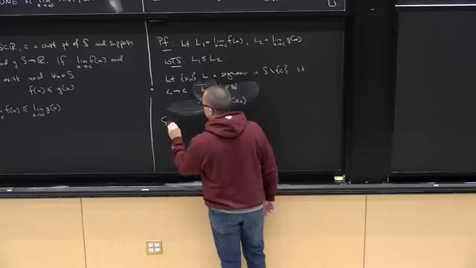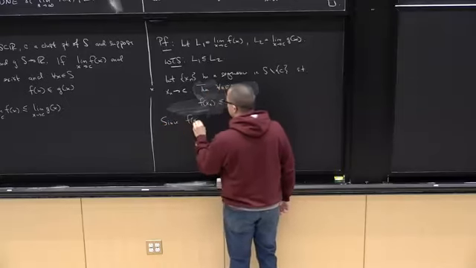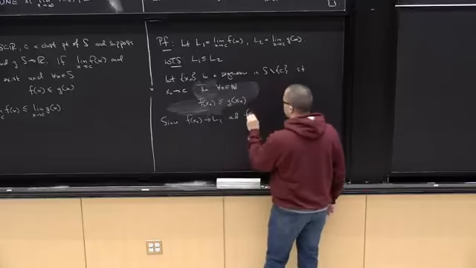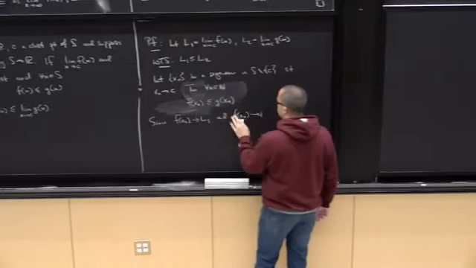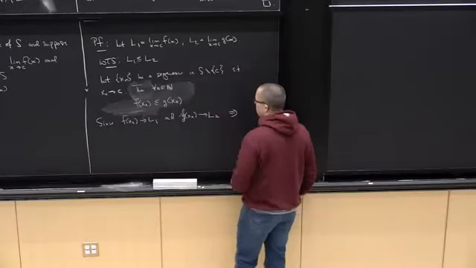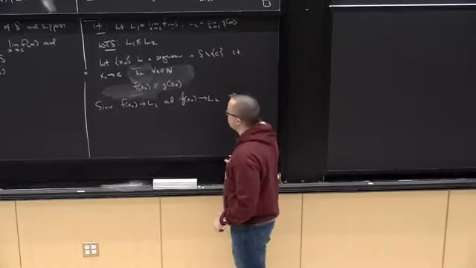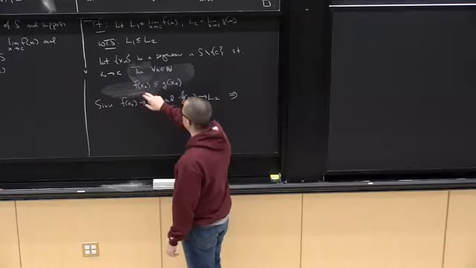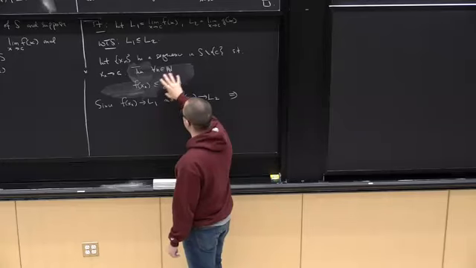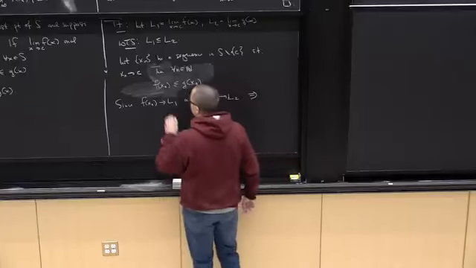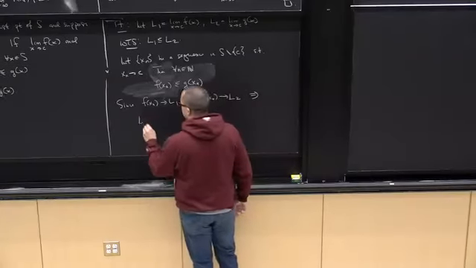And since f of x_n converges to L1 and g of x_n converges to L2, we get by, again, this theorem about sequences, which says if I have two sequences, f of x_n, this is one sequence, is less than or equal to another sequence, g of x_n, and they both converge, then the limits satisfy the same inequality.